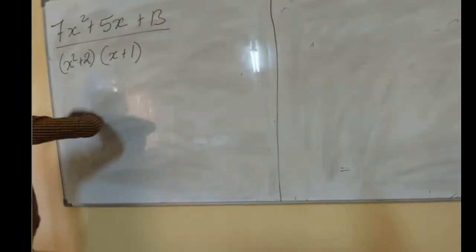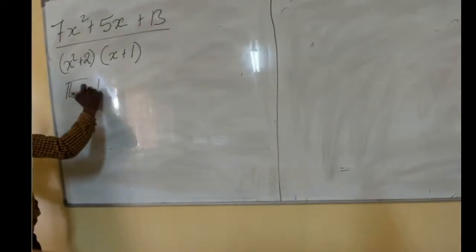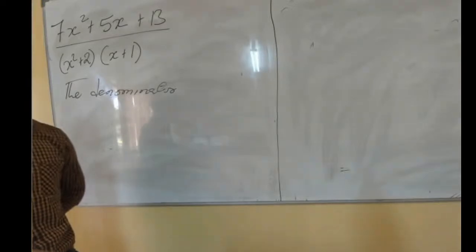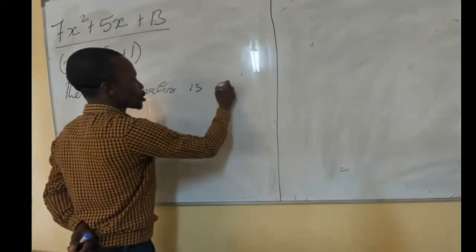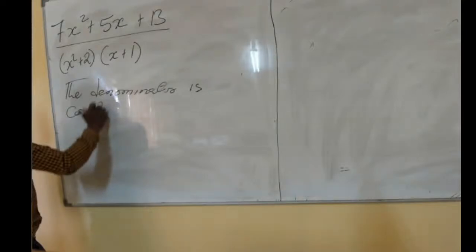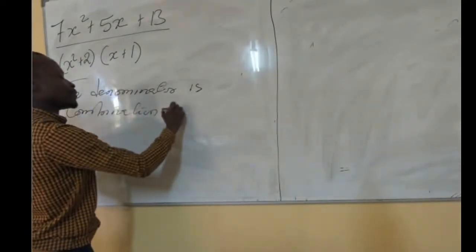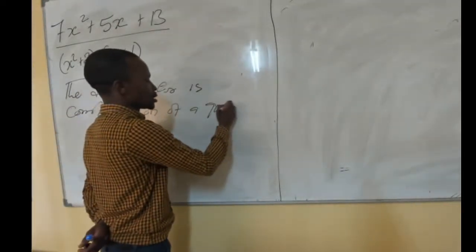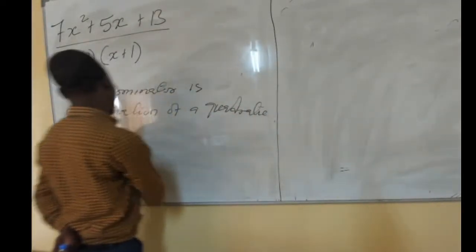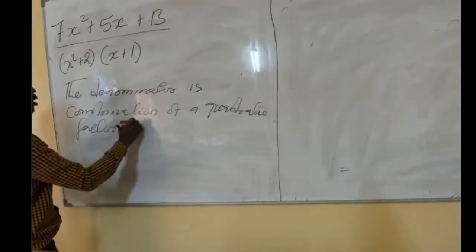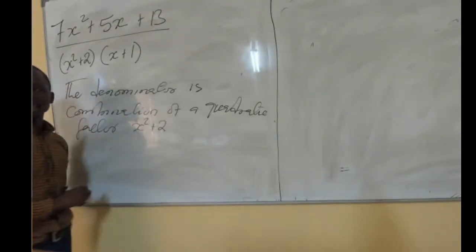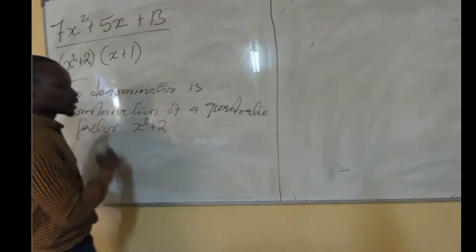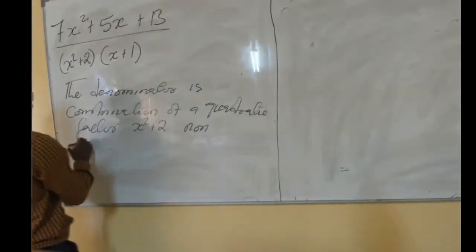If you look at this rational fraction, the denominator is a combination of a quadratic factor, which is x² + 2, and this quadratic factor is non-factorizable.